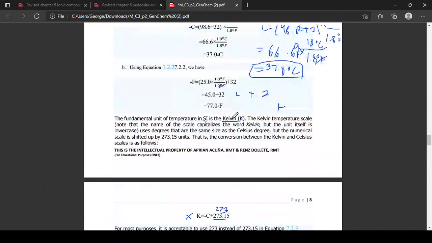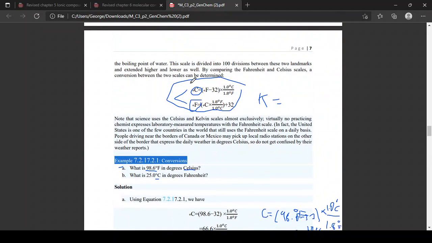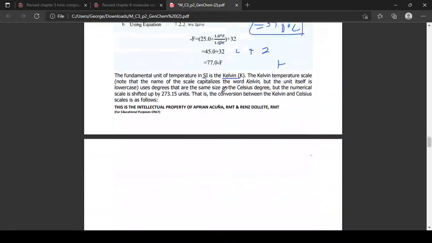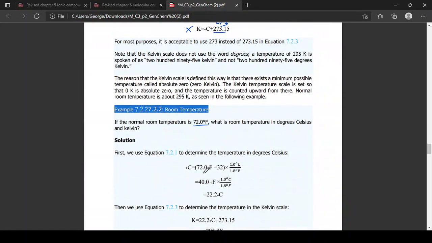Pag convert din natin, it is simply following your Formula 1. Number 1 natin mo formula, which is equals to your Fahrenheit minus 32 times 1 divided by 1.8. 72 minus 32 is equals to 40. 40 times 1 is equals to 40 divided by 1.8 is equals to 22.2.